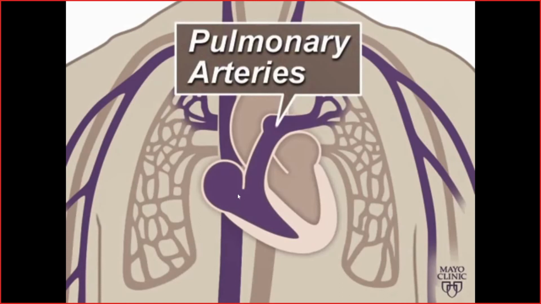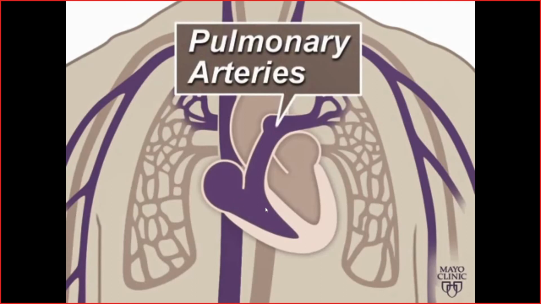Between the right atrium and the right ventricle, if there is no valve, what happens when the heart pumps? The blood can go anywhere, it can go back to the right atrium, and some of the blood can go to the pulmonary artery. But the valve is here to close this part.